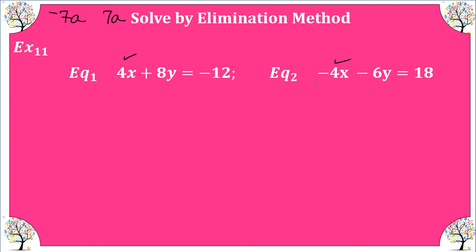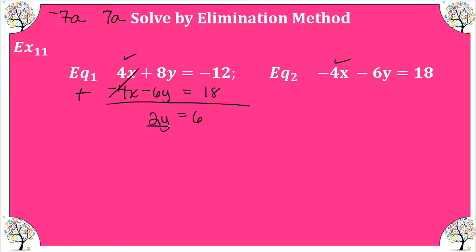So I'm simply going to add the second equation to my first equation. This eliminates my x's altogether, 4x plus negative 4x. Then we have 8y and negative 6y, that's 2y, and negative 12 plus 18, that gives us 6.